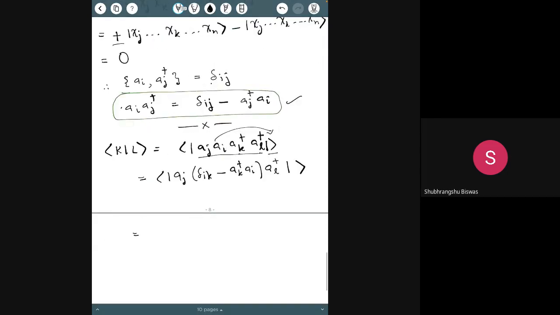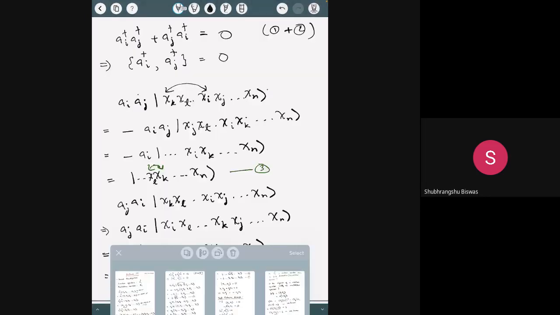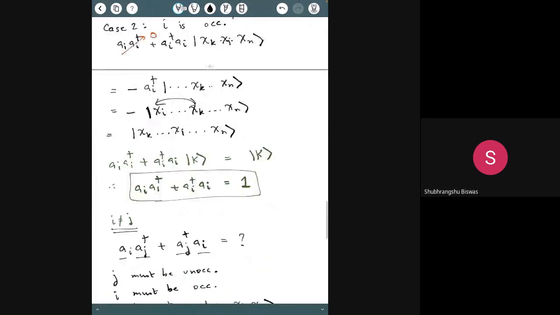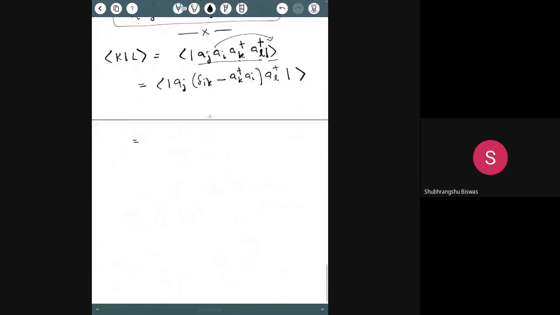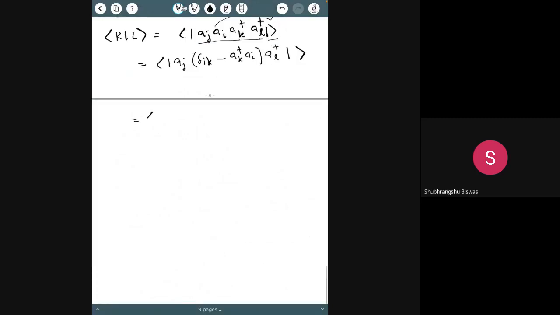And then we will again. So I have AJ AL dagger as the first term with the delta IK, and I have a second term which is AJ AK dagger AI AL dagger.